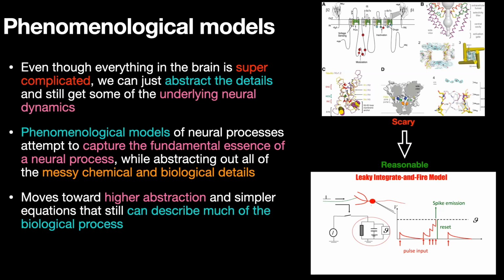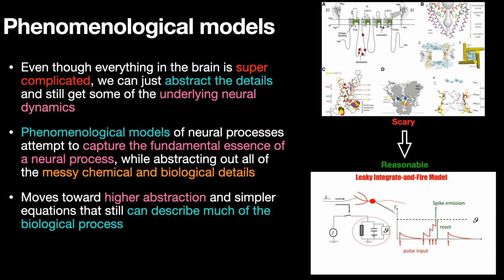Because we want to harness the capability of the intelligence of the brain, but we don't really want to deal with all the biological details. And so this is what phenomenological models allow us to do. They attempt to capture the fundamental essence of a neural process while abstracting out all the messy biological and chemical details.